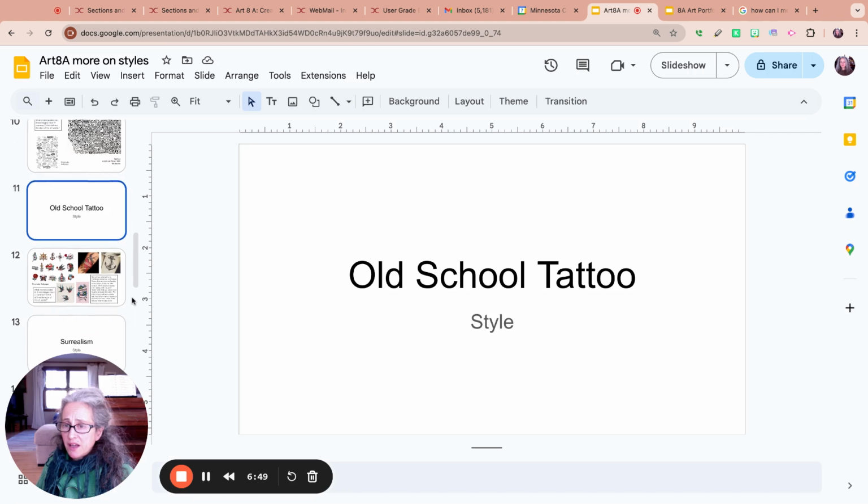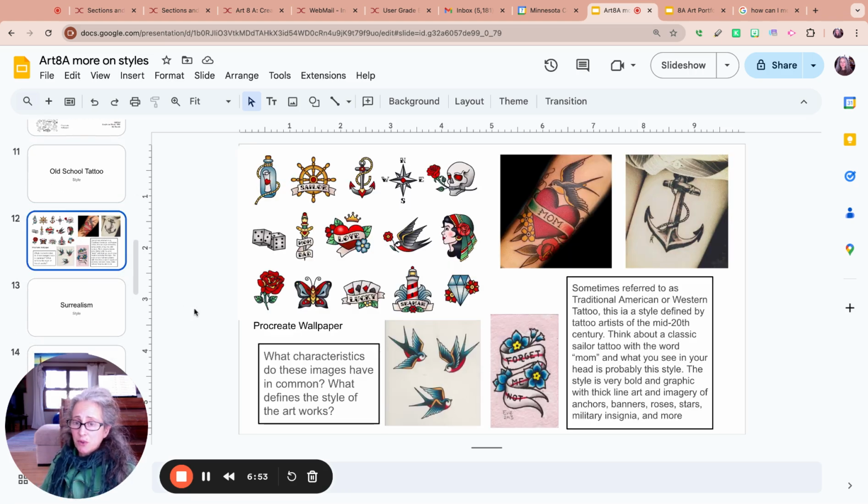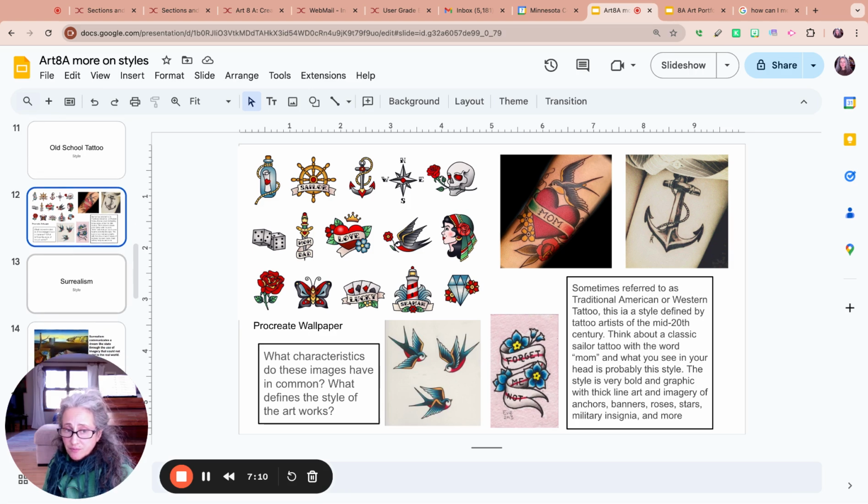There's the old school tattoo style. If you like tattoos, this is old school. The mom, the anchor, forget me not, the little banners. It's a style defined by tattoo artists of the mid-20th century.